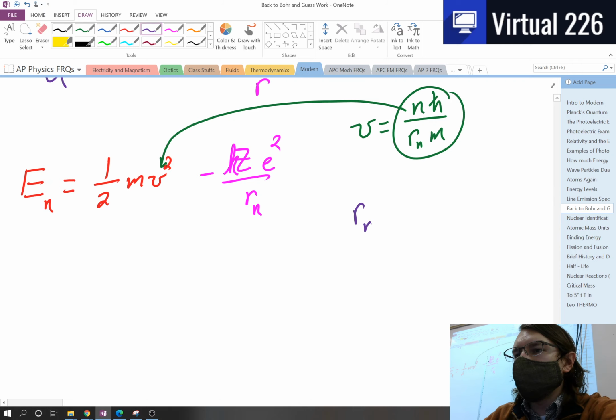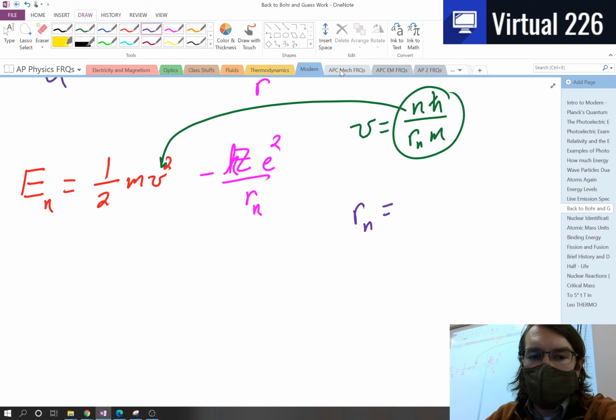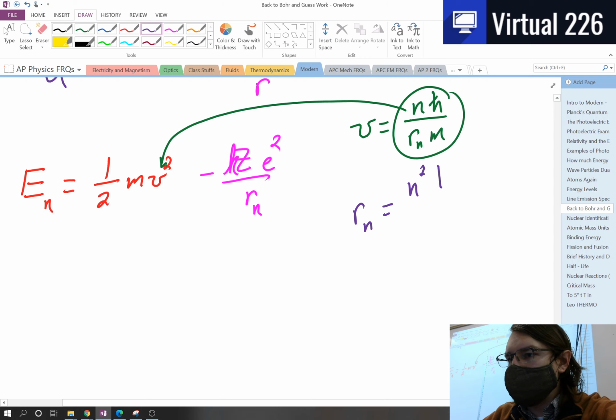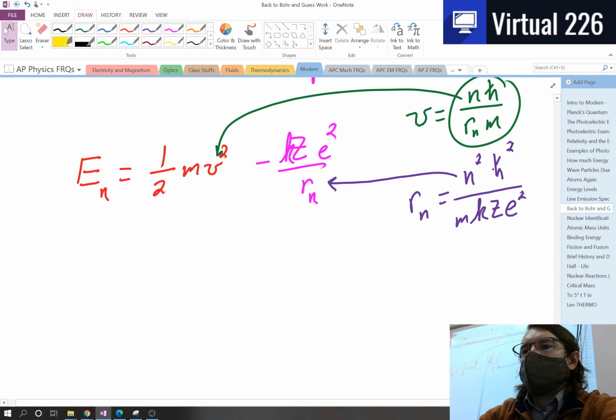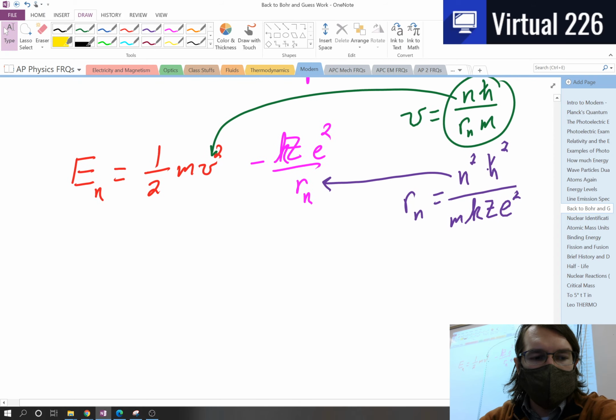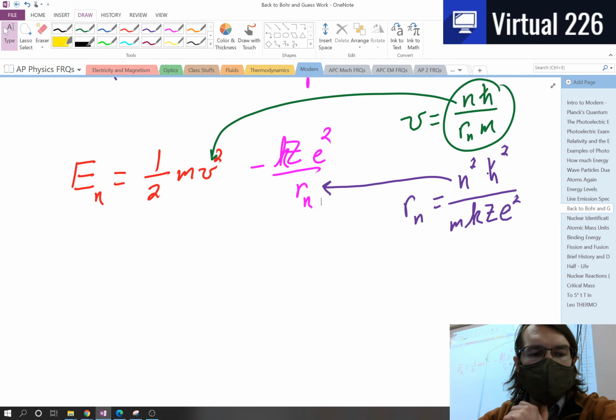We also know that we can rewrite Rn as n squared over Z times R1, which we're going to write out in completeness: n squared h bar squared over m k Z e squared. And we're going to shove this right into here. So now, with our substitutions, we're going to get the following.